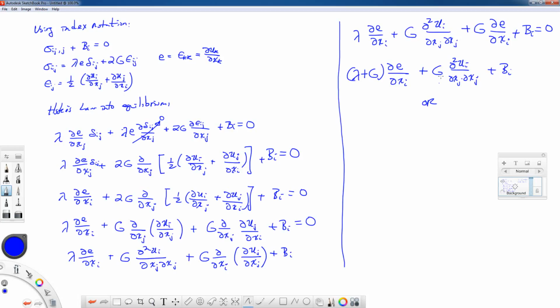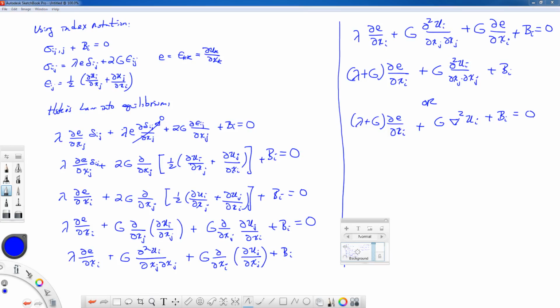And if we think about it, we can see that the second term is nothing more than del squared ui, where ui are the displacement components in the 1, 2, and 3 directions, where i is the free index. Move this over here.